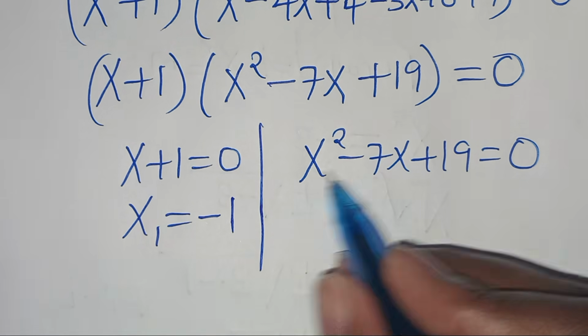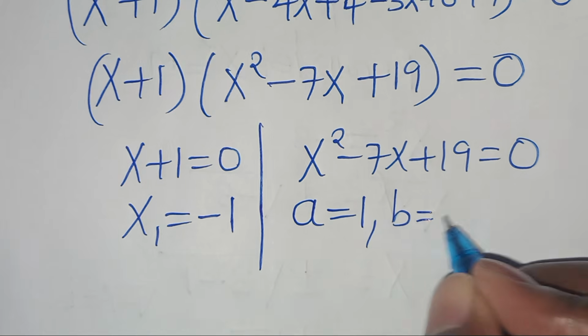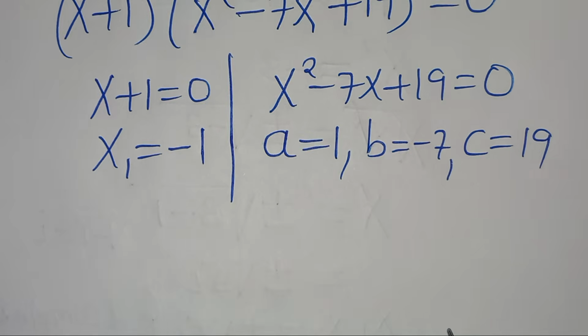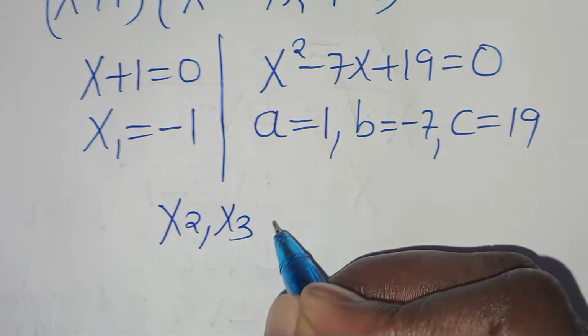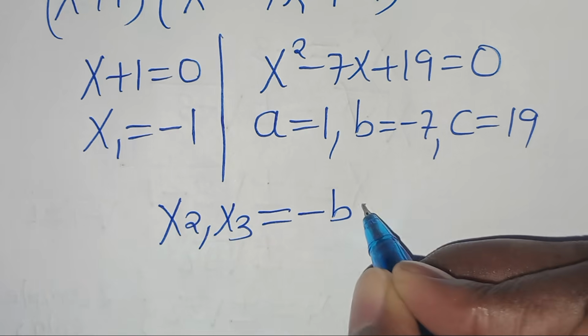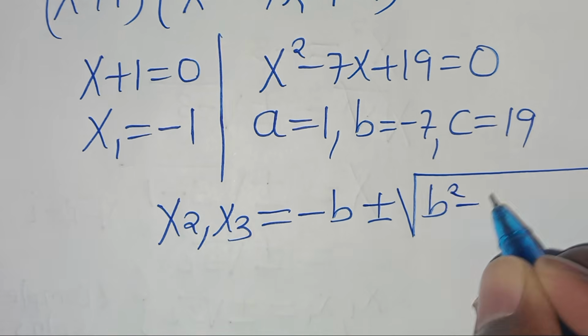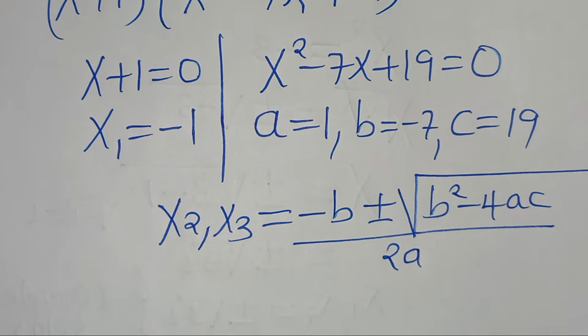The second part here is a quadratic equation where a is equal to 1, b is −7, and c is equal to 19. So we can solve for x2, x3 by applying the quadratic formula, which is x = (−b ± √(b^2 − 4ac)) / 2a.